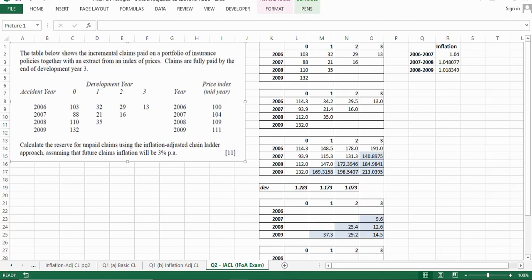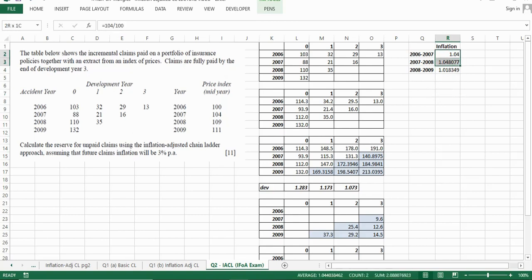Now you are given the inflation assumptions, but based on the price index, so we need to calculate the inflation. The base year is 2006, so it is assumed to be 100, and in 2007 that 100 has increased to 104. So the inflation is 104 over 100. From 2007 to 2008 it will be 109 divided by 104. 2008 to 2009 will be 111 divided by 109.